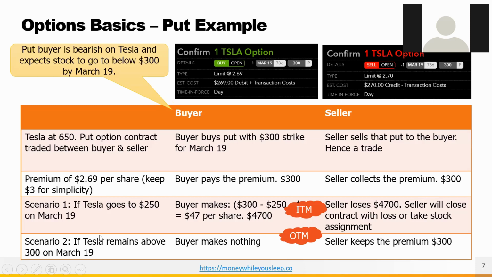There is a similar calculation here where Tesla goes to $250 on March 19, so it goes below 300. Then the buyer is going to make some profit and the seller is going to lose on this trade. In this particular example, I added in the money and out of the money. In the money means the buyer is going to make some profit, and out of the money means the buyer is not going to make money.